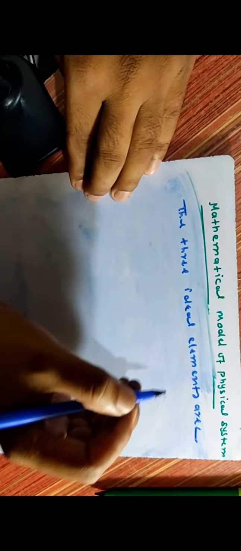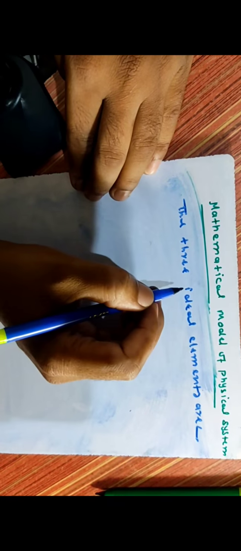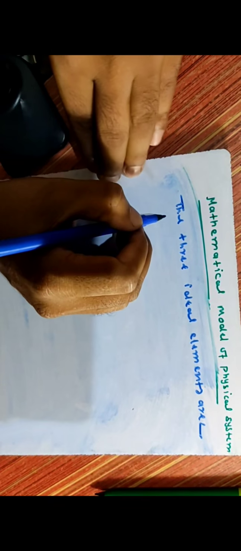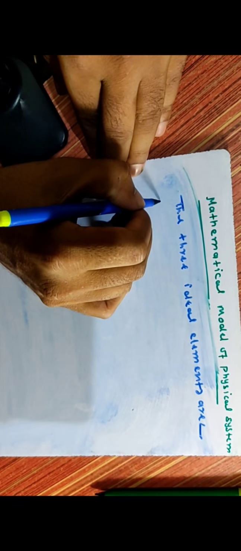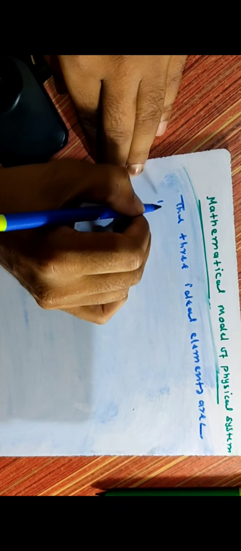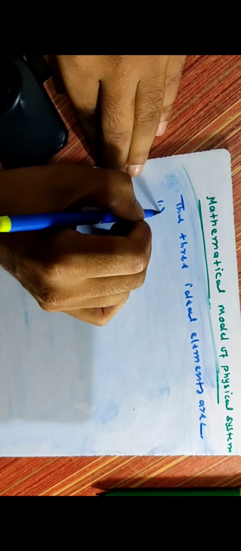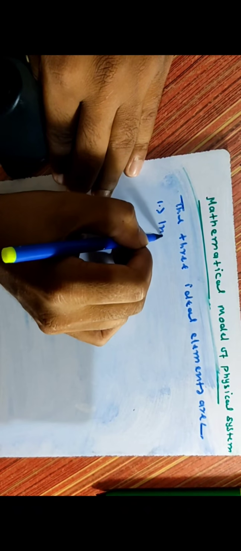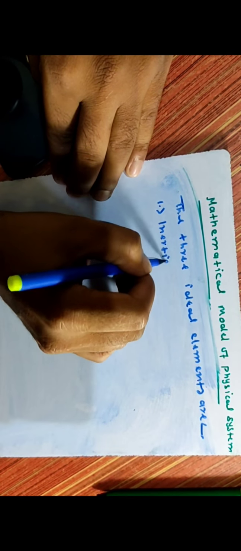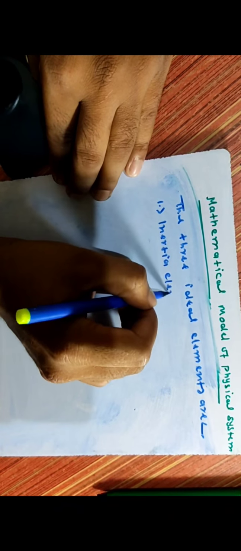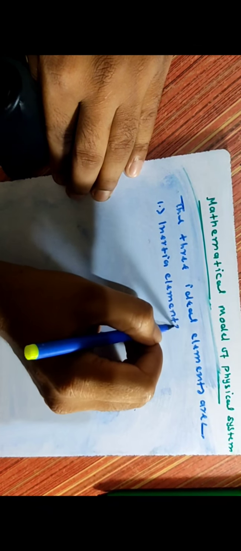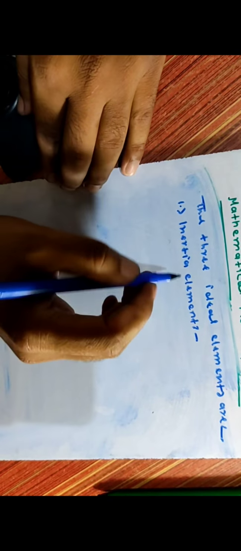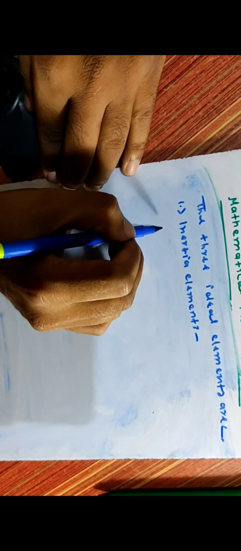There are three ideal elements in mechanical rotational systems. First is the inertia element. What is the inertia element?